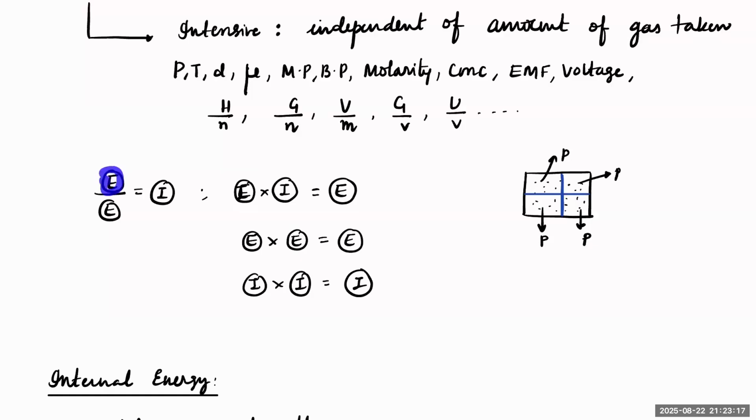See, this is an extensive part. Enthalpy is an extensive part. N is also extensive. If you divide both of them, what are we going to get? Intensive. Therefore, extensive is equal to intensive into extensive. Clear? Any extensive into extensive is extensive. Intensive into intensive is intensive. Got it?